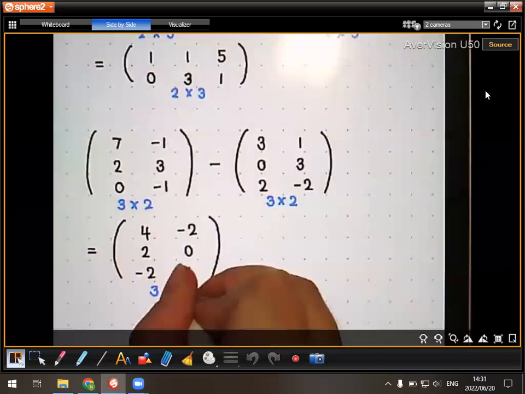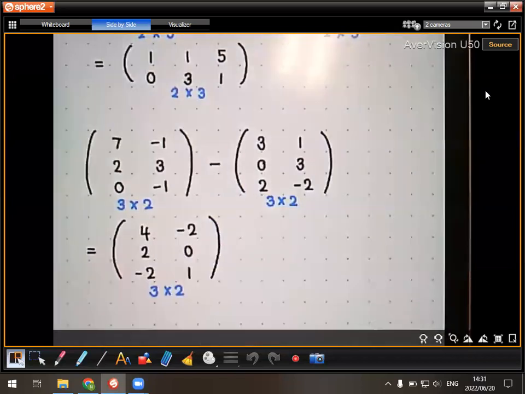Remember, over there, 0 minus 2 is negative 2. And now just this last one, guys, we're saying negative 1 minus negative 2 is going to become plus 2, right? So what's negative 1 plus 2? 1. So that's just one thing that you need to be aware of when you are subtracting. And again, we have a 3 by 2 matrix as our answer.